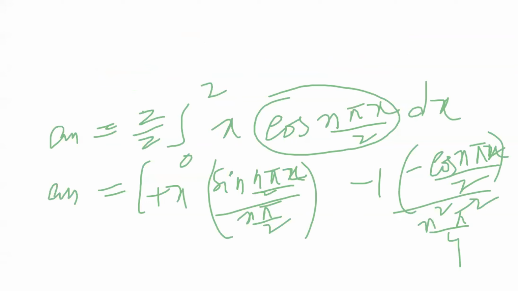so in the limits 0 to 2, for example, replacing x by 2, here replacing x by 2, 2 to cancel, sin n pi is 0, and replacing lower limit sin 0, that is also 0. So totally the term is equal to 0. We have to replace the limits only in the cosine function.